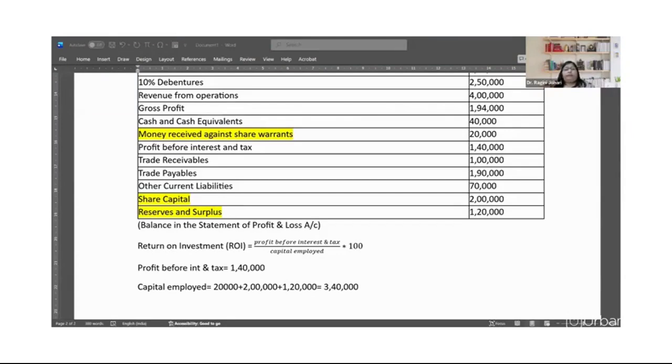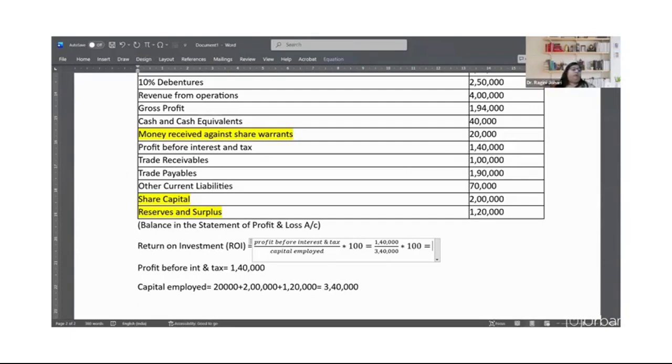So profit before interest and tax is 1 lakh 40,000 divided by total capital employed, 3 lakh 40,000, multiplied by 100.